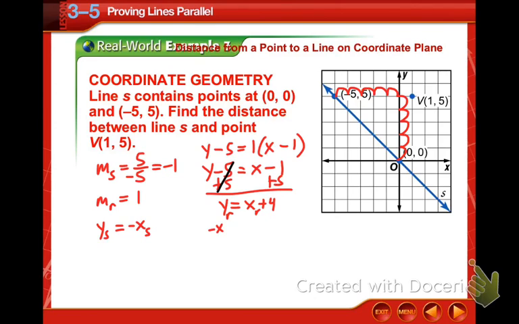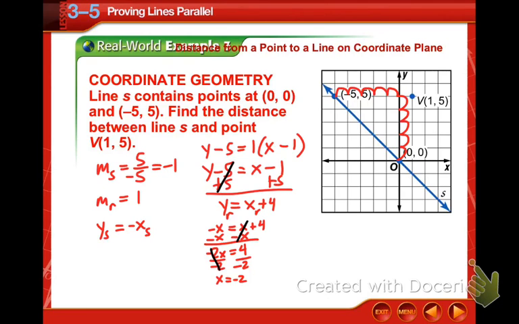So that means that we have negative x equal to x plus 4. And if we subtract x from both sides, we get negative 2x equal to 4. And then we just divide by negative 2. And x is equal to negative 2.